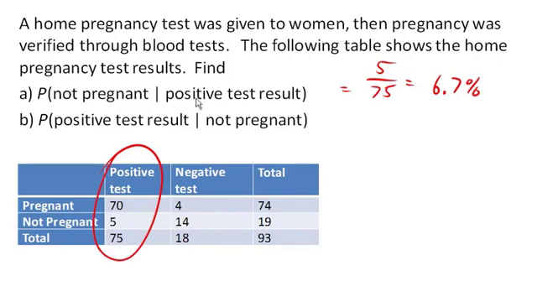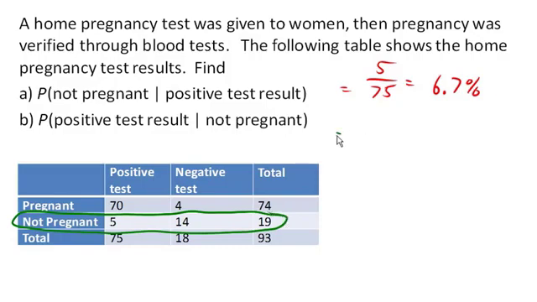Now, let's look at the next one, which is the probability of a positive test result given that they're not pregnant. Here's all 19 people who are not pregnant, and out of them, 5 have a positive test result.